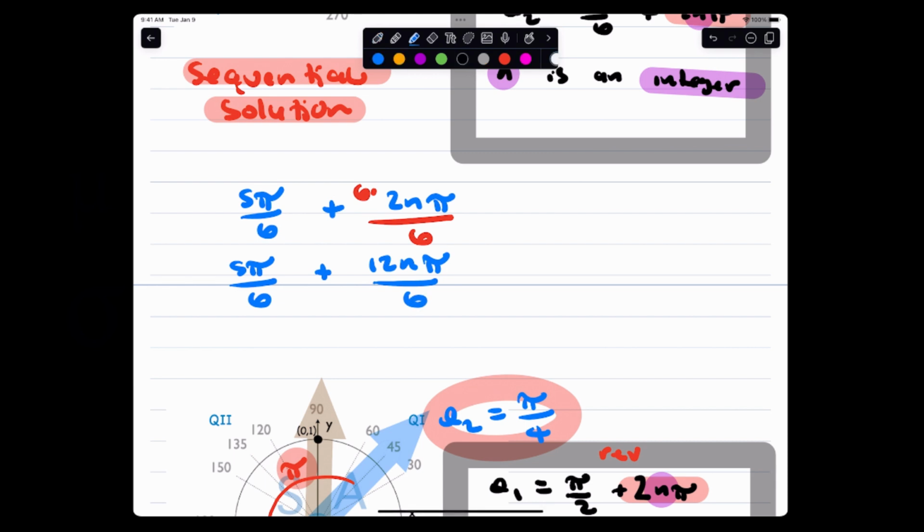You guys okay with this? Isn't that what we did before? All right, now what else did we do before? We took that multiple of pi over 6. You see that there? And what did we do last time? We factored that out, right?